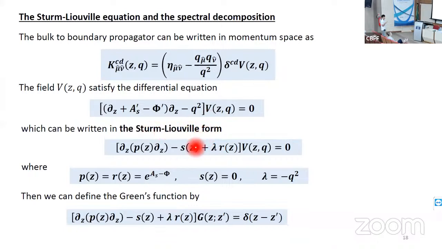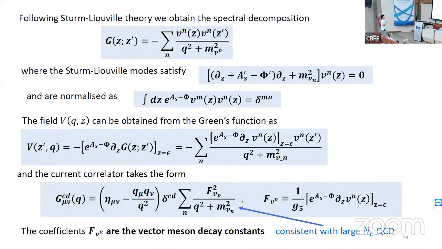If you rewrite in the Sturm-Liouville form, you can, of course, apply Sturm-Liouville theory in the sense that you will introduce a Green's function, and this Green's function will admit a spectral decomposition. That's what we do. We consider a spectral decomposition of this Green's function in terms of the so-called Sturm-Liouville modes, which in AdS/CFT or in holographic QCD will correspond to the normalizable modes.